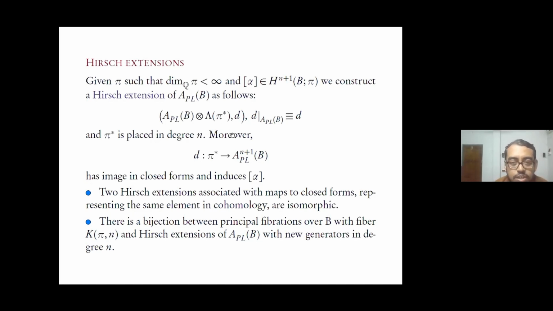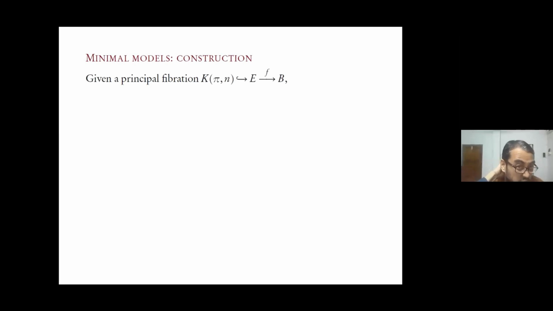So we're going to use this back and forth moving forward. Okay. So what's the construction for minimal models of a space? Well, we'll refer back to the Postnikov tower all the time.